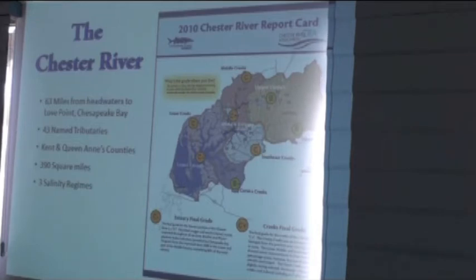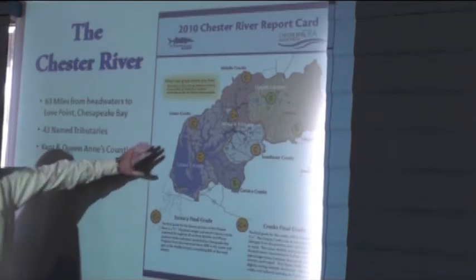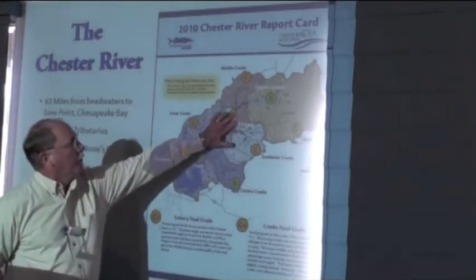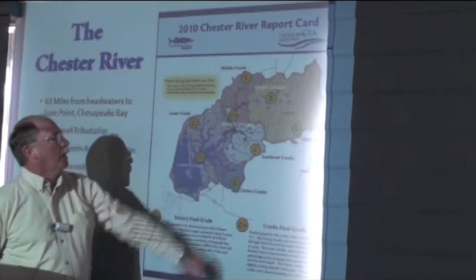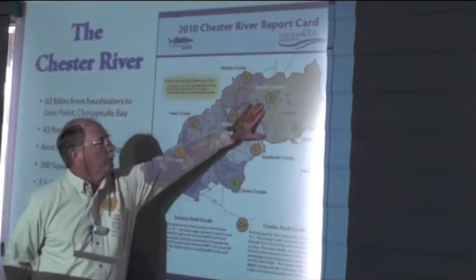There are 390 square miles and 3 salinity regimes: 86% is mesohaline, 11% is oligohaline, and 3% tidal fresh. The darker area is the oligohaline and tidal fresh.